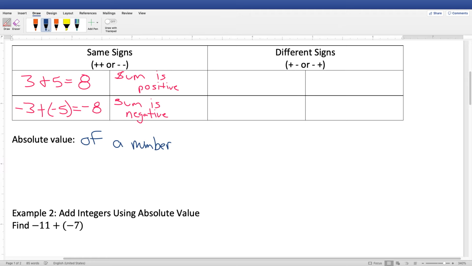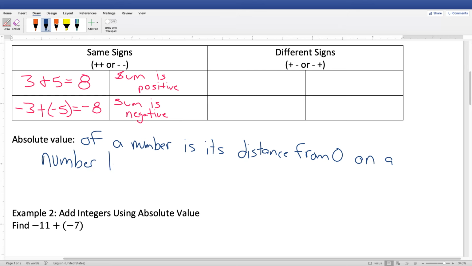The absolute value of a number is its distance from 0 on a number line. So what this means is when you take the absolute value of any number, it will always be positive. Because we're talking about distance.